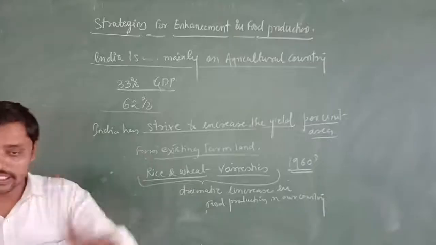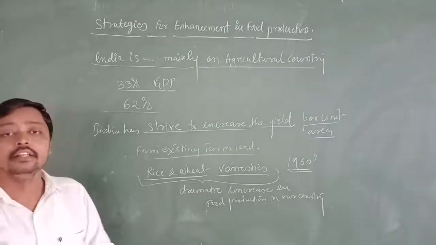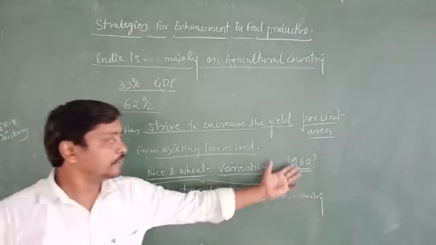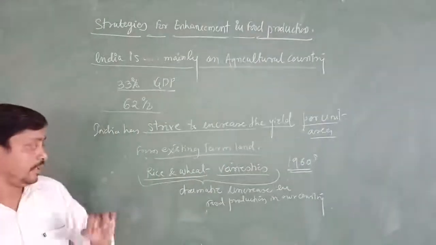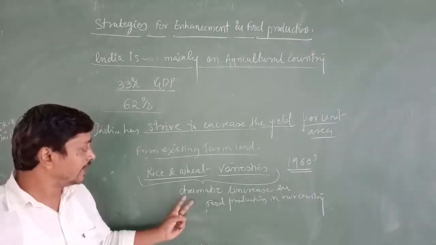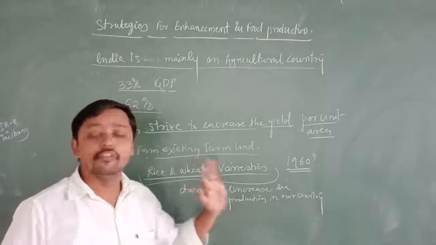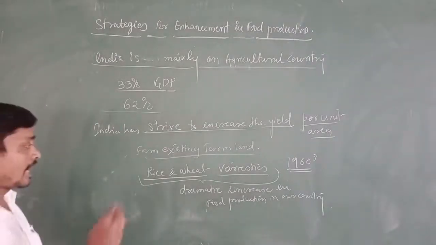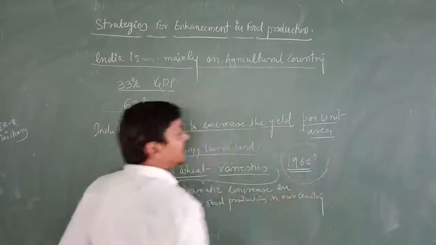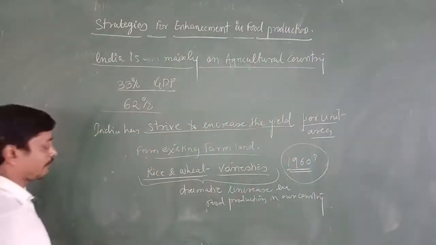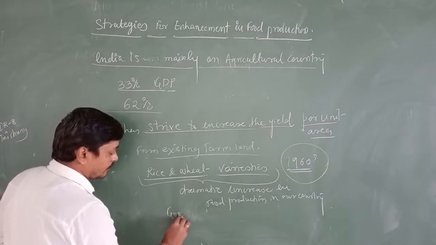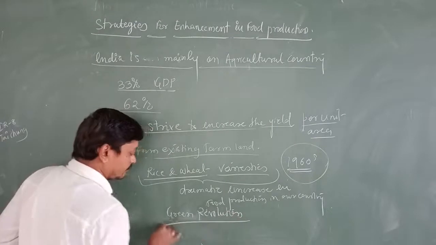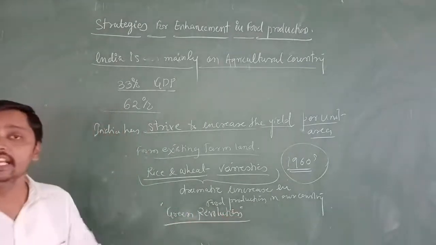There were developed some rice and wheat varieties in the mid 1960s that can help our country get a dramatic increase in food production, and this phase is often referred to as the Green Revolution.